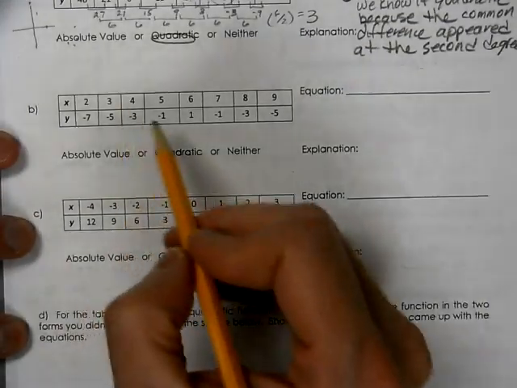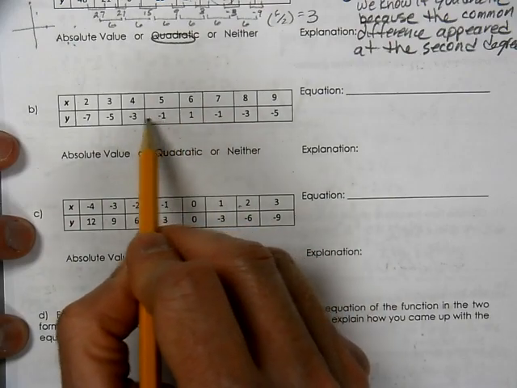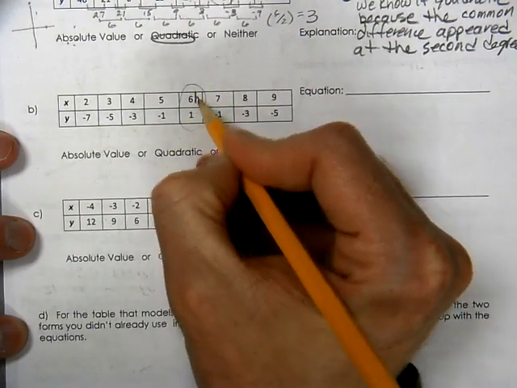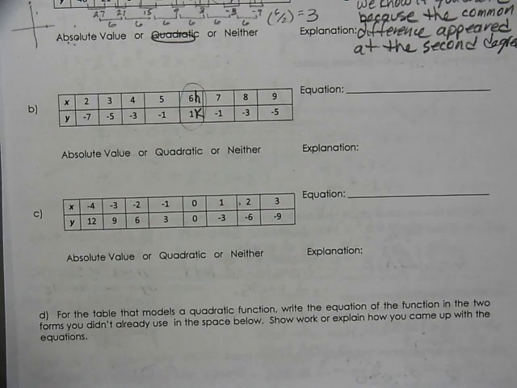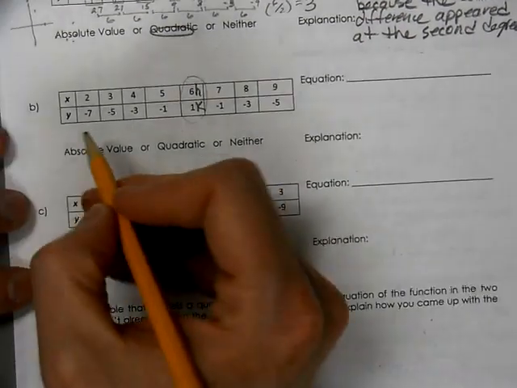This next one, we look for a vertex, and we have the same numbers being repeated, so we get this vertex, this h and k value. But I still need to determine if this is linear, are the numbers changing at a constant rate, or is it quadratic, where it's going to be the second degree to finally get that common rate.